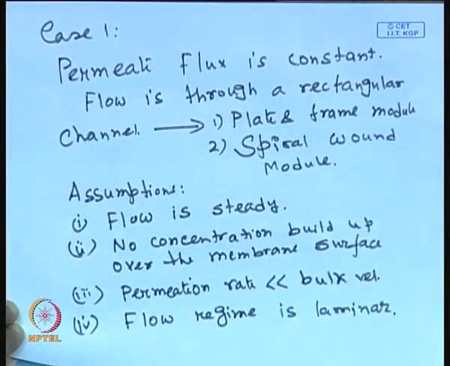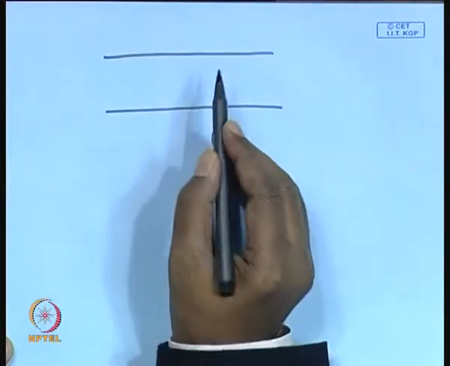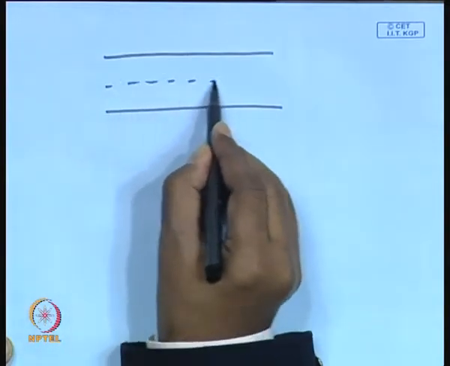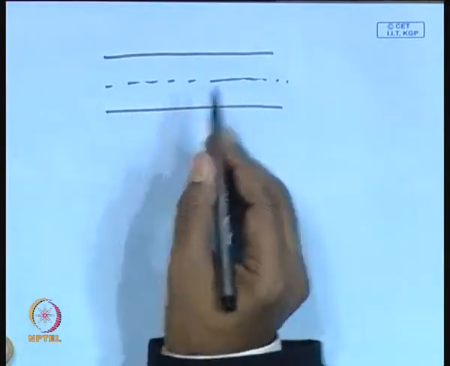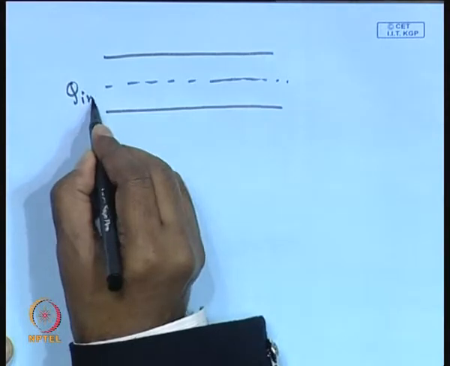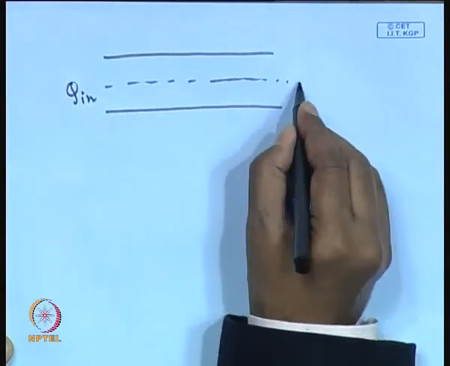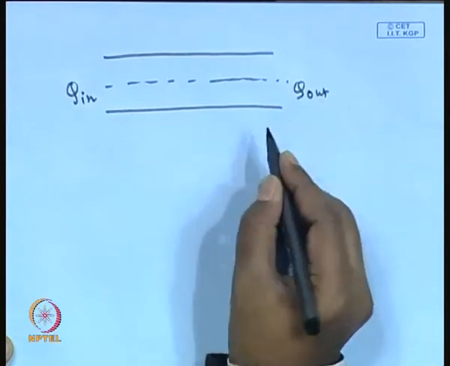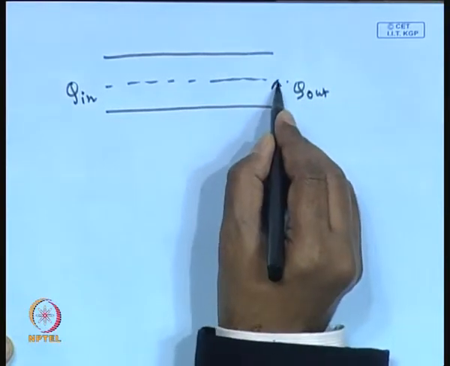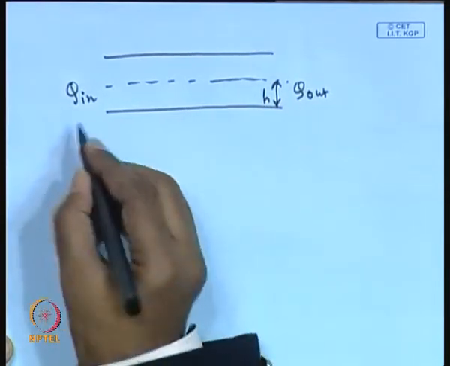Okay. So, with this we will be starting the module design, and let us say we have a geometry something like this. This is the channel height, this is the middle of the channel. Q in is the flow rate of the feed that is going into the system. Q out is the flow rate that is going out of the system, and H is the half channel height.